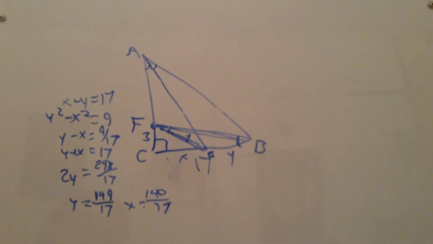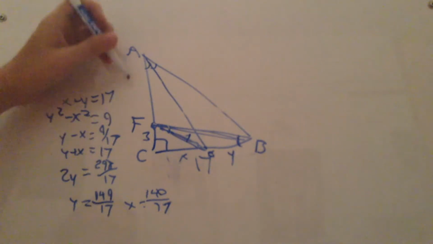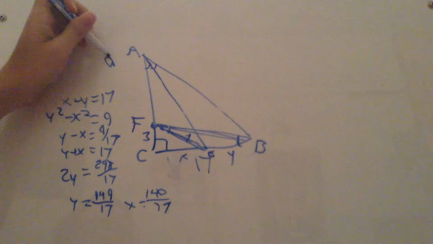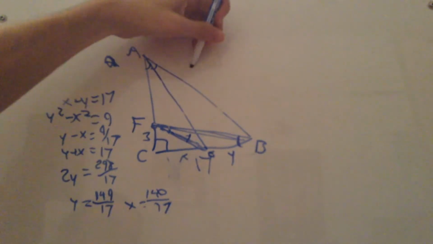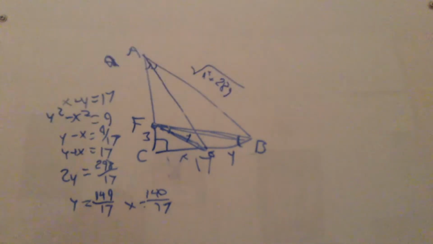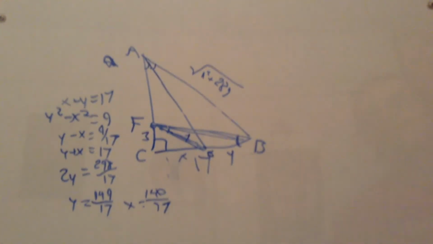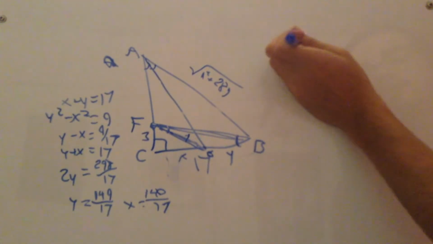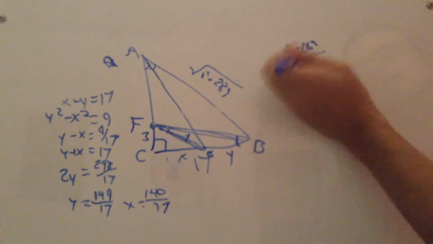So, now that we know that, we can actually go to our angle bisector theorem. So we're going to call AC A, because why not? And this is going to be the square root of A squared plus 289. So we've got A squared plus 289 over A squared.